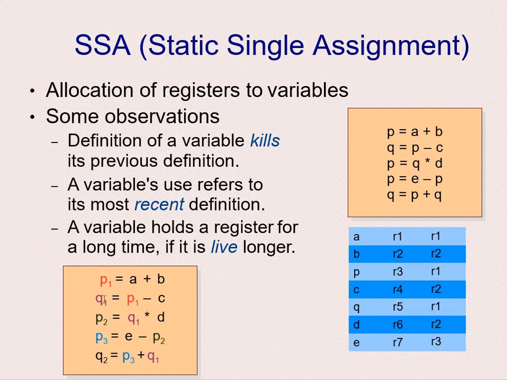Okay, this recent q1 we are going to keep here, and into d this is now the new p value. So this one we are saying as p2. Okay, like this one was old, so e minus, and this recent value of p we are going to take, and here we are going to keep in p3. Okay, now p3 plus q1, this one we are going to keep in q2. Now this one is the recent or updated value of q.